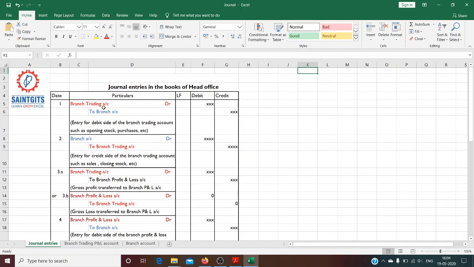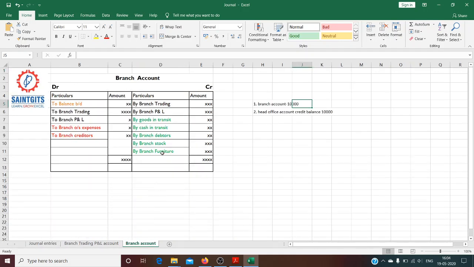First entry, branch trading account debtor to branch account. See the narration given: entry for the debit side of the branch trading account such as opening stock, purchases, etc. Now the same should be posted to the branch account as by branch trading. Okay. So this will be our first posting actually.